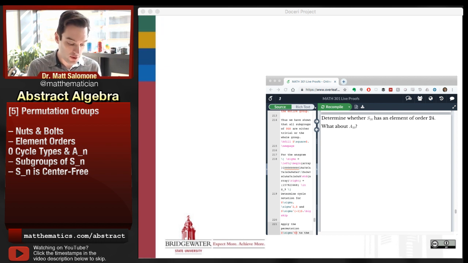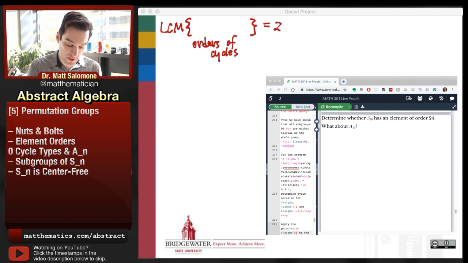So what we can do is turn this question into: is there a way for me to take the least common multiple of a set of orders of cycles and have that least common multiple come out to be 24? Even before we start thinking about permutations and cycle types and all of that more detailed stuff, what I might do is just think about number theory for a minute.